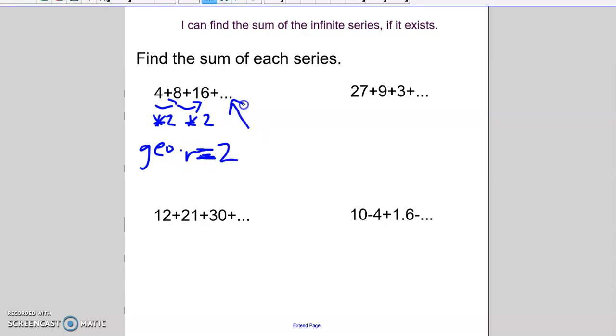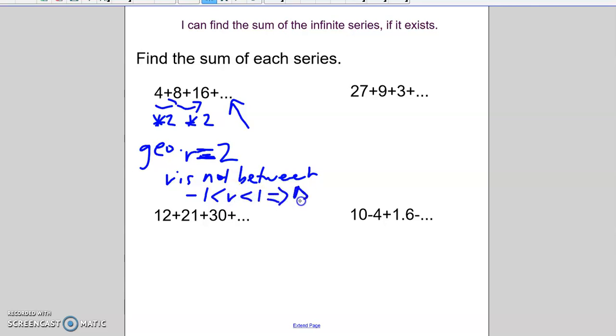These three dots indicate that it's an infinite series, so it's going to go on forever. So r is not between -1 and 1.